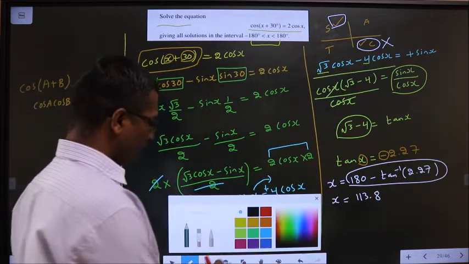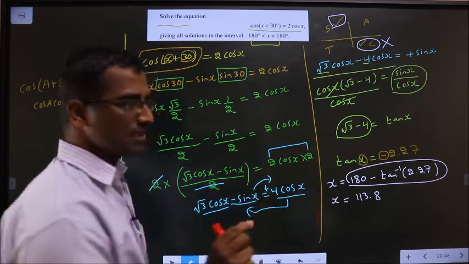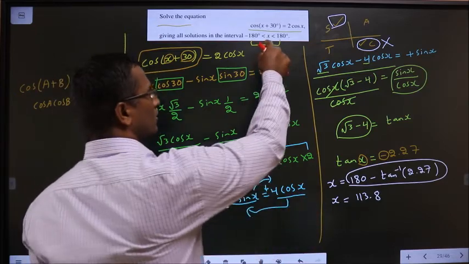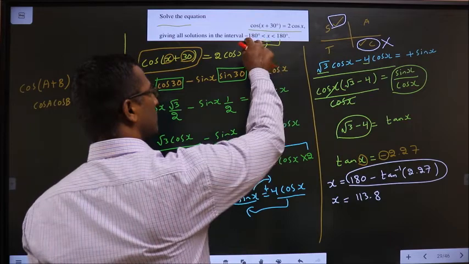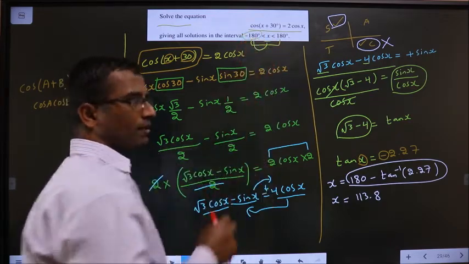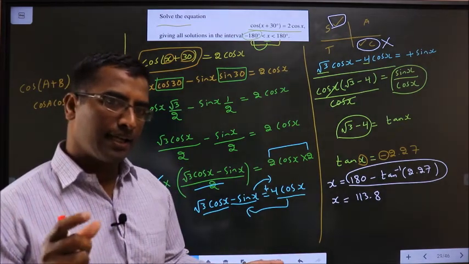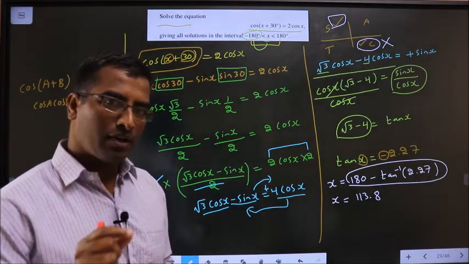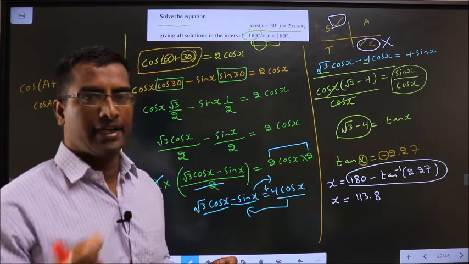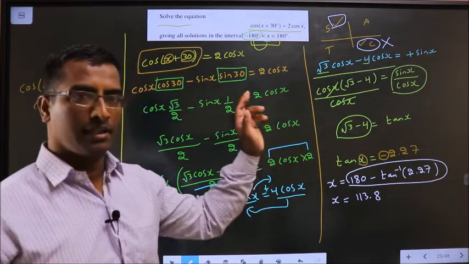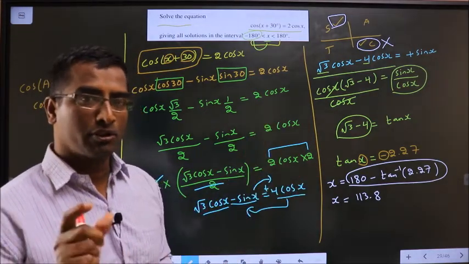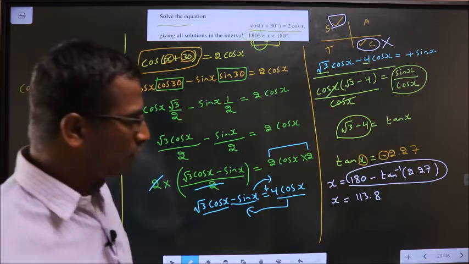Now, many stop here, but there is a catch. He also told x interval is from minus 180. From negative 180 to plus 180 means from that I should get an idea that for x there will also be a negative value satisfying the given equation. Now what could be that negative value? Could be, see.